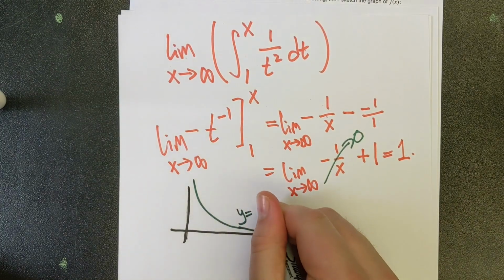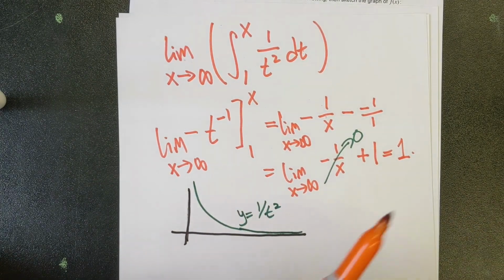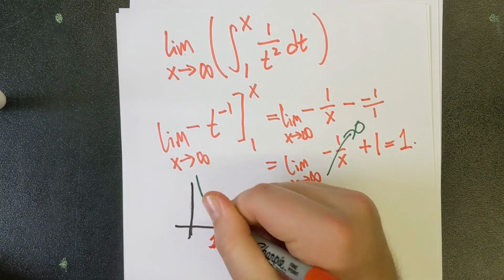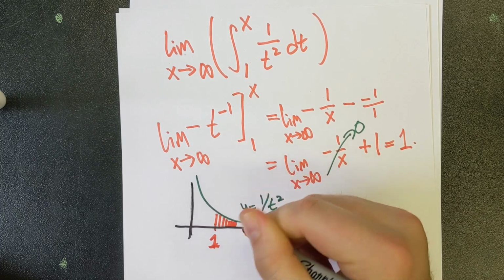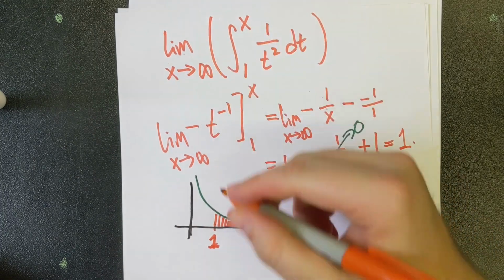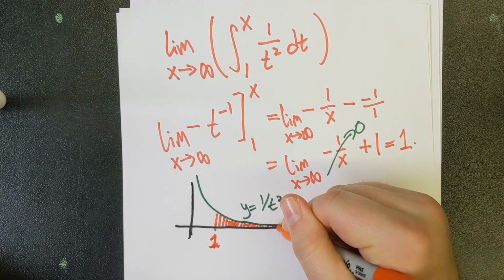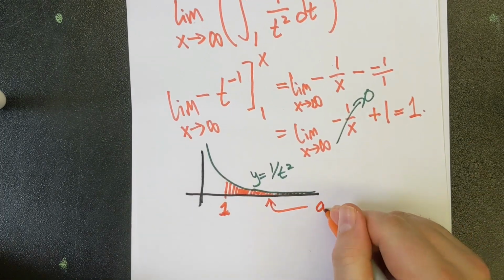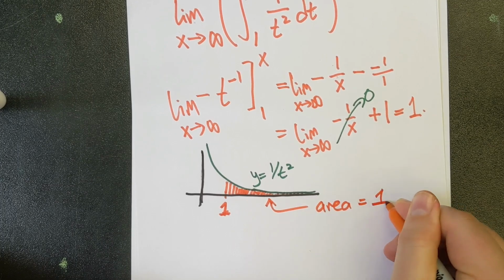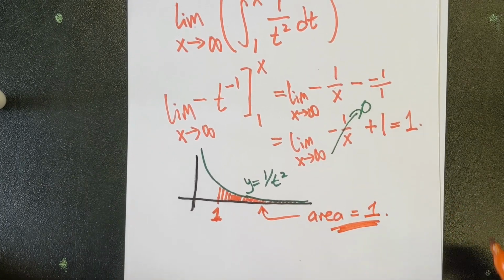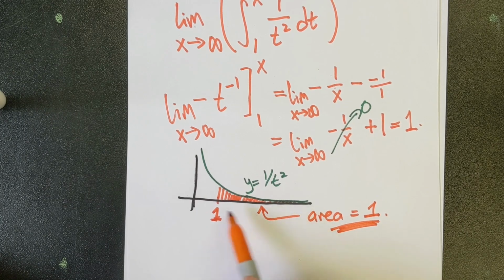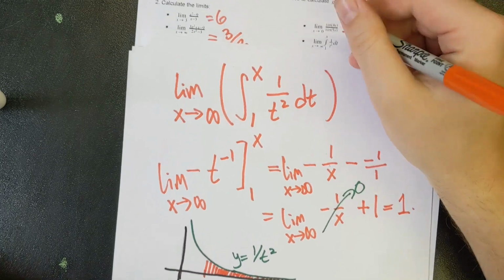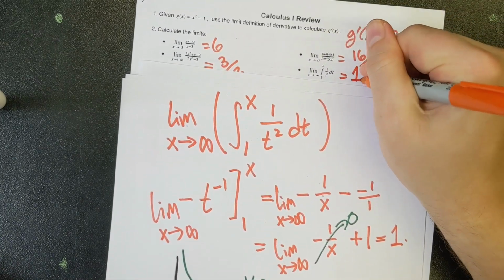This is y equals 1/t², and you were beginning at 1, and you calculate the area up to some x value, but then you let that x value get bigger and bigger, go to infinity. So you take all this area, we just found out that that total area comes out to equal 1. So that's the graphical meaning, or the geometrical meaning behind this problem. This limit is 1.